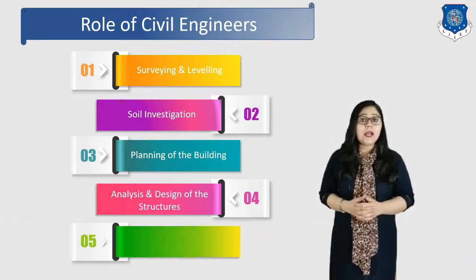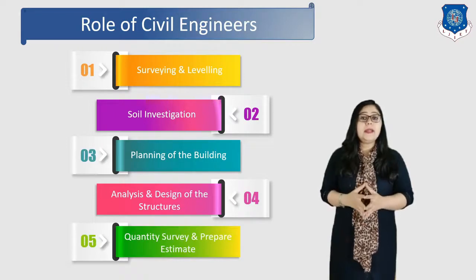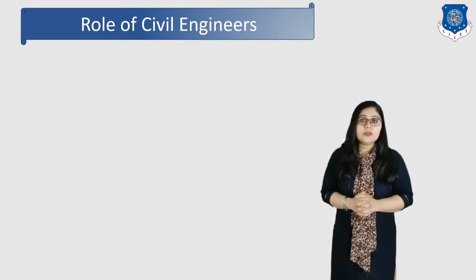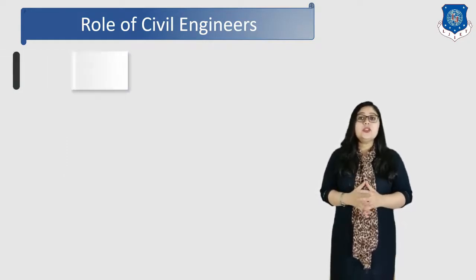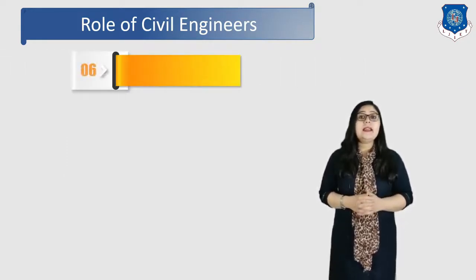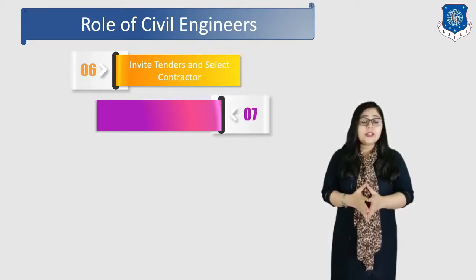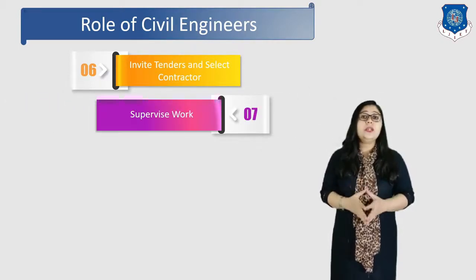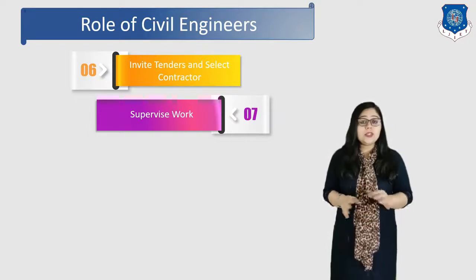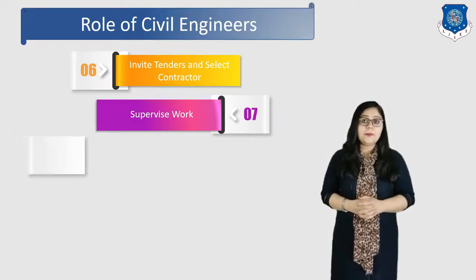Next is to carry out quantity survey and to prepare an estimate to know the probable cost. Next is to invite tenders and select contracts. Then after, a civil engineer has to supervise work during execution and to ensure the progress of work.